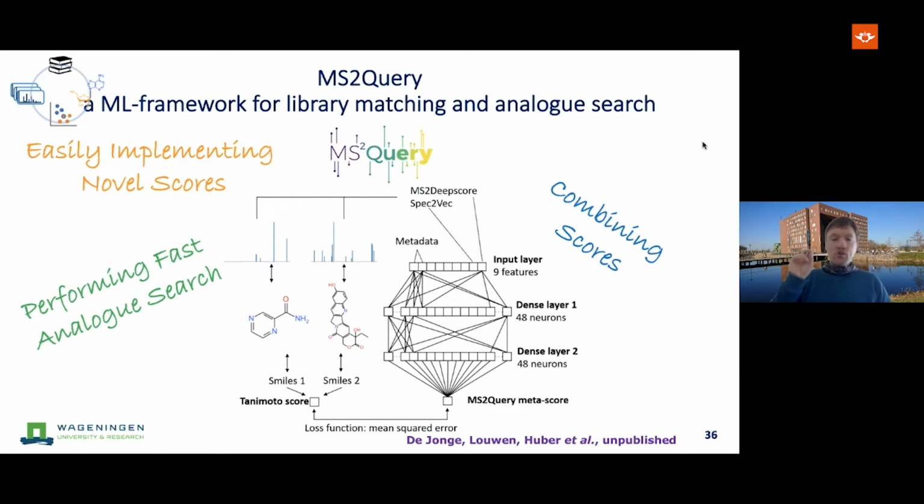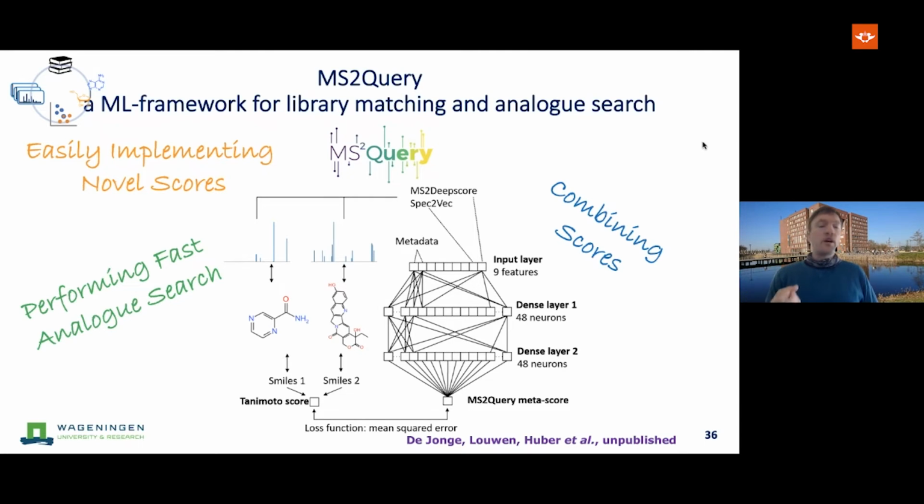So I want to do a brief shout out for my PhD student Liek de Jonge and Joris Louwen and Florian Huber. We are working on MS2Query, which is a machine learning based framework for library matching and analog search. It uses Spec2Vec that I just explained, and MS2DeepScore, another mass spectral embedding based approach, and other scores, and it combines them.